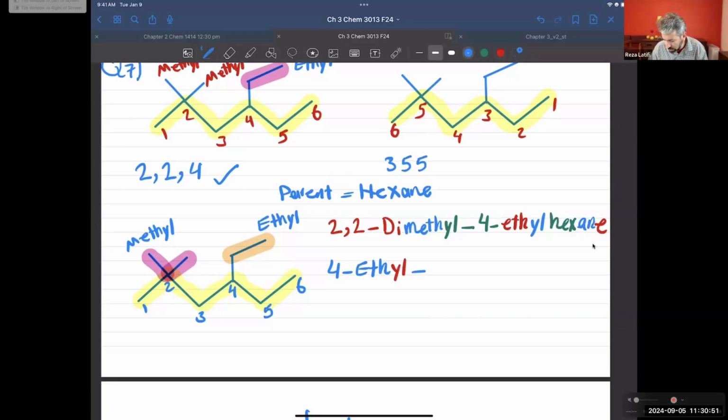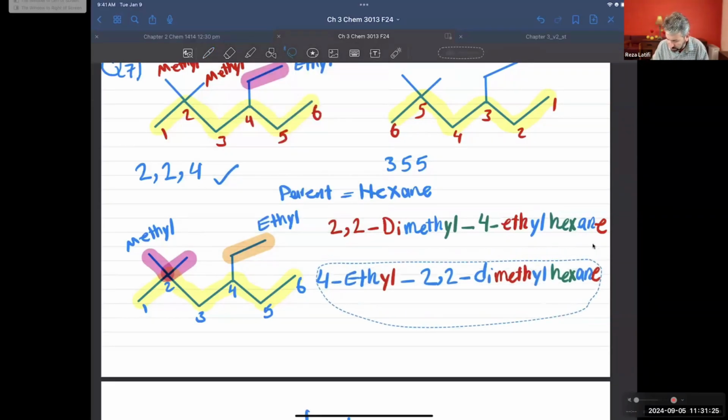Then on the second, you see 2 di, and you say methyl. Then you say hexane.